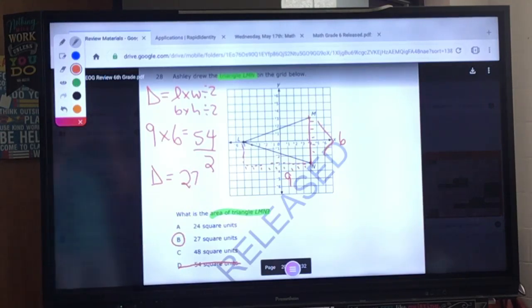Alright, go to section 5 and go to number 2. Section 5, number 2.